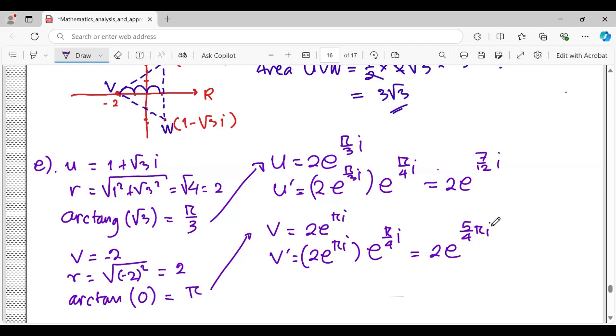But we have to give the angle on the third quadrant because the position of this angle is in the third quadrant. So it is 2e to the power minus 3 over 4 pi i.